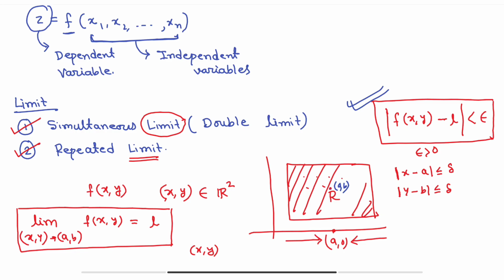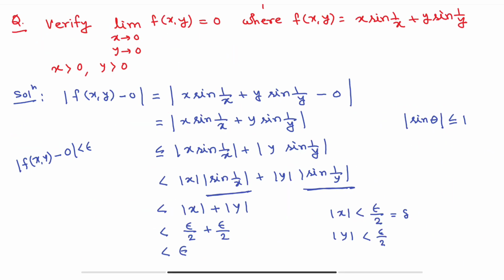According to the definition, modulus of x minus a is less than or equal to delta. Similarly, modulus of y minus b is less than or equal to delta. So obviously this delta is epsilon by 2. Similarly this delta is epsilon by 2. So we can prove that modulus of f of xy minus 0 is less than epsilon.